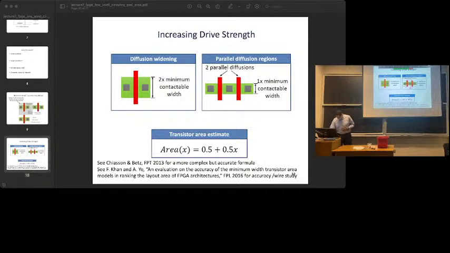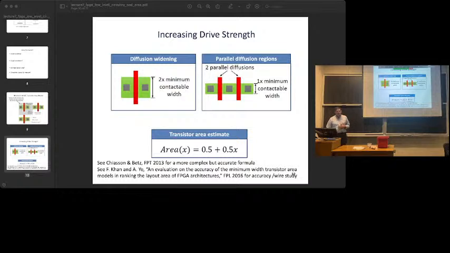So I can do either one of these things. If I need a transistor that has twice the drive strength, because when I sized things, I decided that I needed that for speed. I also can combine these, right? So if I need something that's like 4 times the drive strength, I could do both these things, and so on.